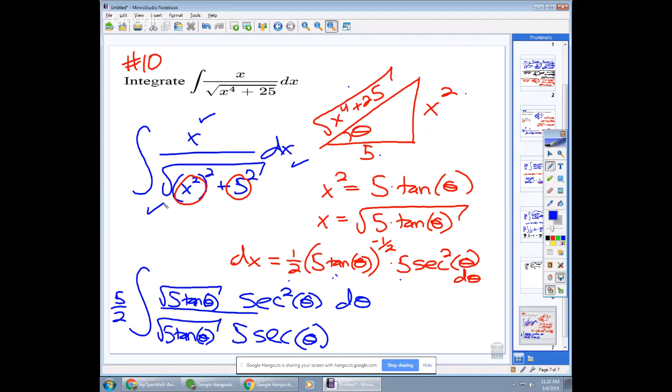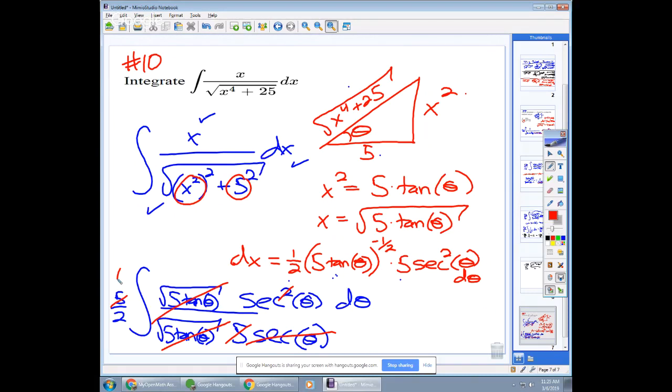Well, this is exciting. The square roots cancel, right? The secant in the bottom goes into one of those secants in the top. And this 5 goes into that 5 over there. So the only thing left is 1/2 secant, is that right?